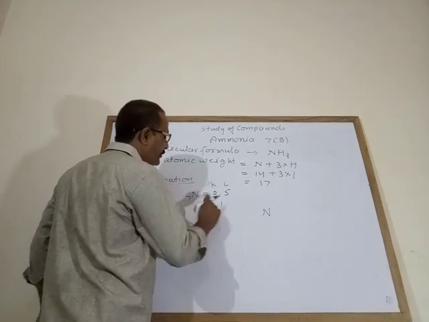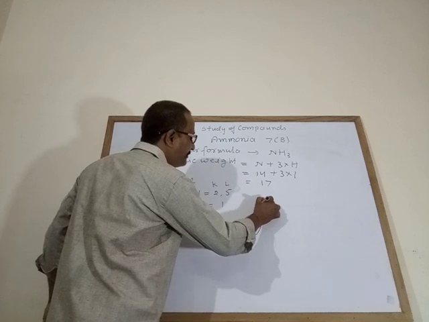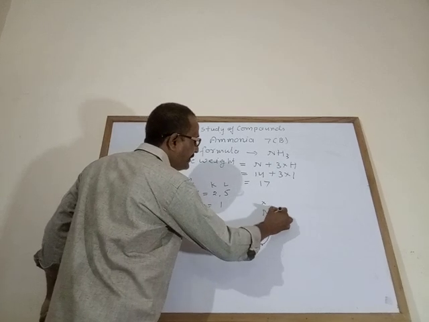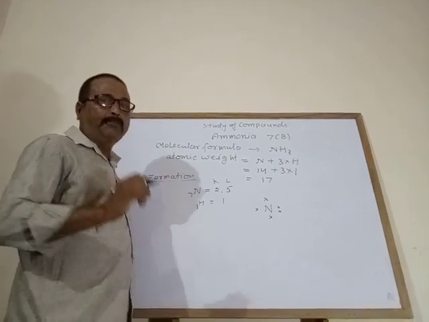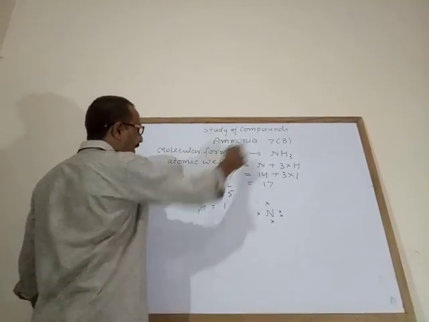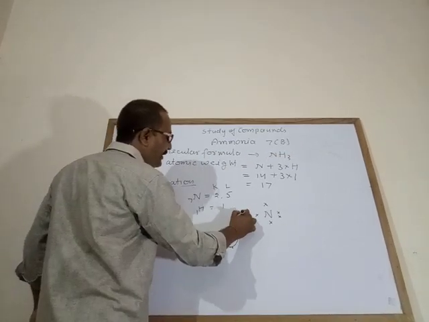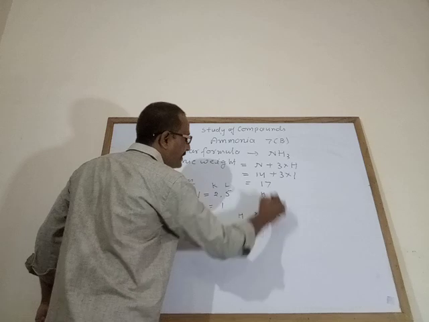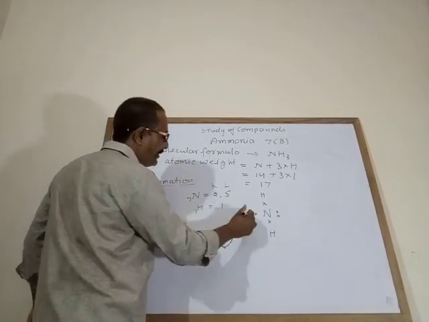See that nitrogen has 5 electrons in the outermost shell: 1, 2, 3, 4, 5. Already I have explained this in the chemical bonding chapter. How many hydrogens in ammonia? 3 hydrogens, 1 hydrogen this side, this side, this side. How many electrons in hydrogen? Only 1 electron.